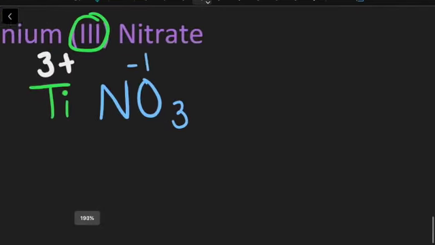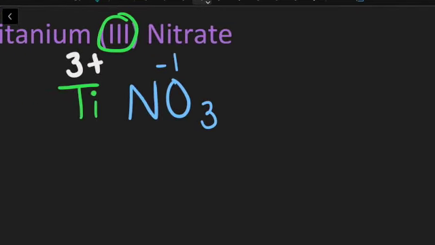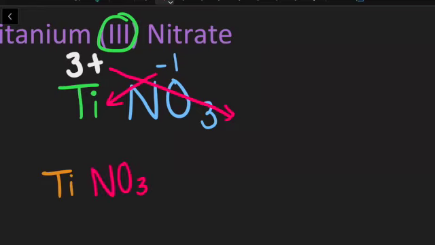Okay, so we have to get this balanced out. You cross it over, and you'll have Ti1. We're just going to leave off that 1, and then you'll have NO3.